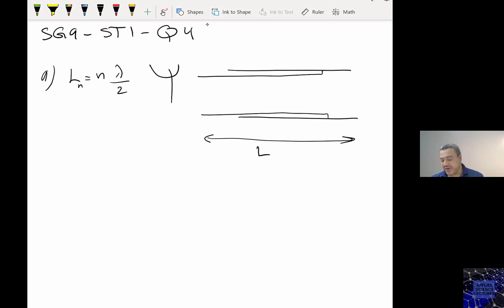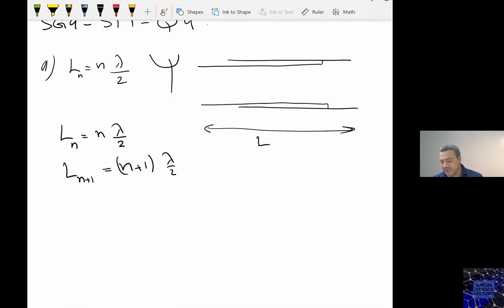So in this case, if I am to take the general two harmonics, let's assume that the first one is Ln, that equals n lambda over 2. And the next one is L n plus 1, equals n plus 1 lambda over 2.